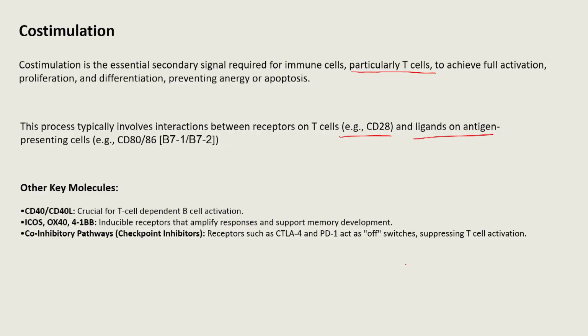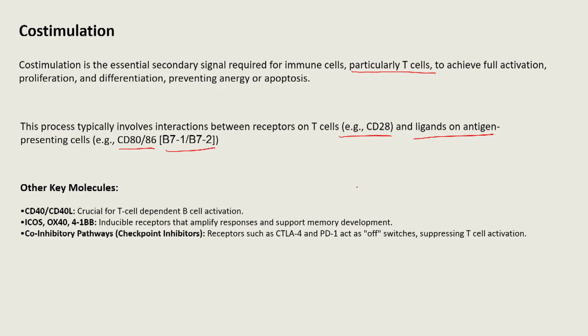Some of the ligands present on the antigen presenting cells are CD80 or CD86, also called B7-1 or B7-2. These are proteins expressed in the antigen presenting cell and are involved in co-stimulation, and once they are expressed by the particular cell population, we see that co-stimulation is happening.